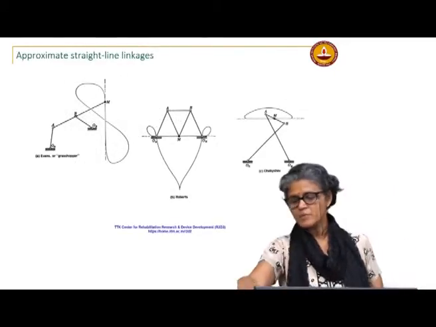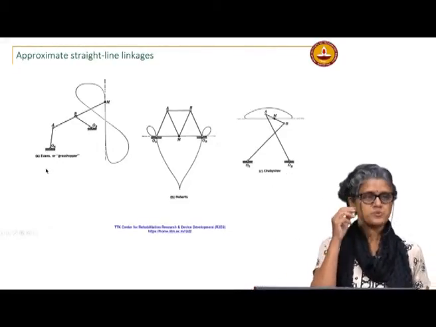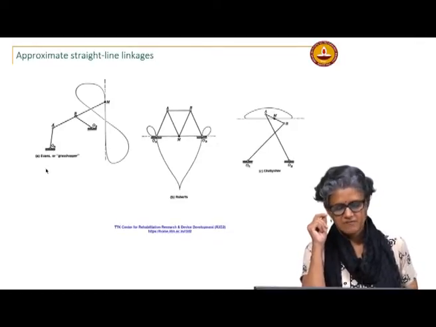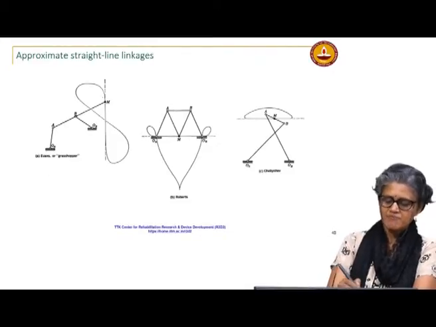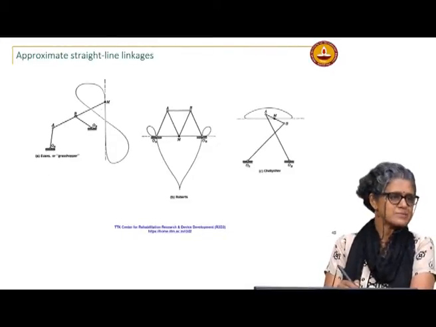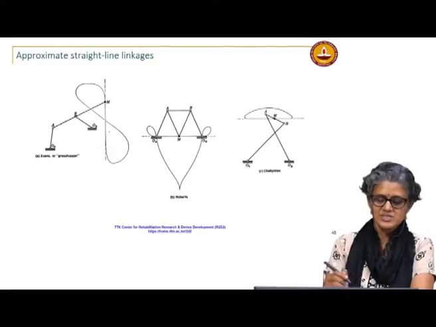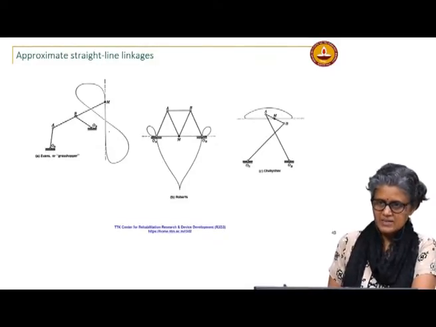The other common application for coupler curves is their use as approximate straight line linkages. So, there are various versions of these straight line linkages. You will not get an exact straight line, but you could have approximate straight line portions in the coupler curve that you could use as a straight line linkage for the application.